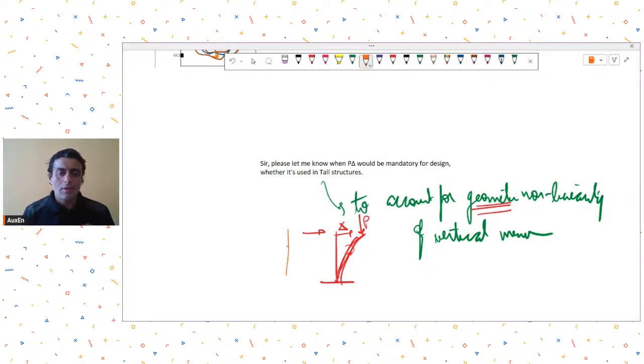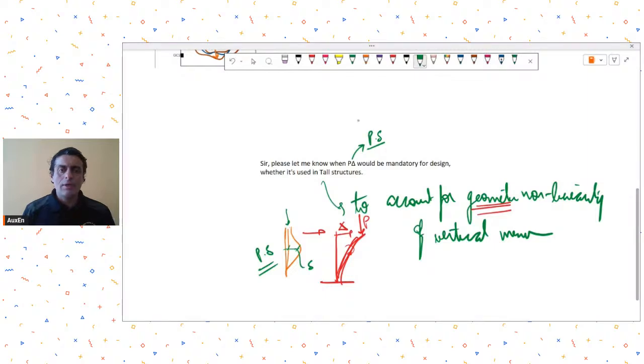Similarly, a column, when it buckles under the effects of axial load, then also there are another set of p small delta moments that we have to consider. So basically the p delta and p small delta effects are to consider the geometric nonlinearity of your vertical members. Different design codes deal with this situation differently.